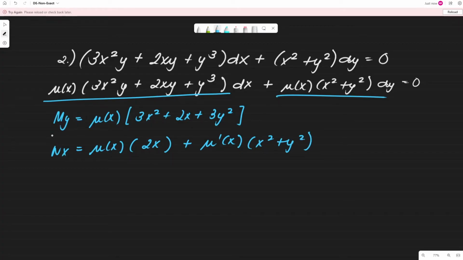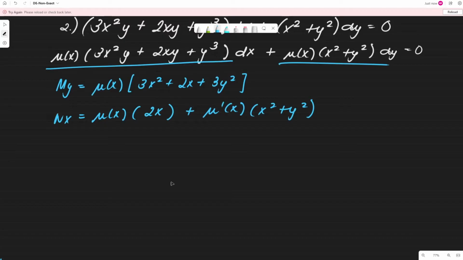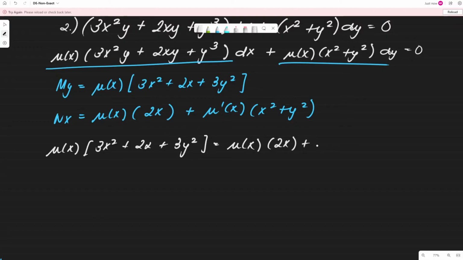We will equate them as if it is exact. So mu of x times (3x squared plus 2x plus 3y squared) is equal to mu of x times 2x plus mu prime of x times (x squared plus y squared).